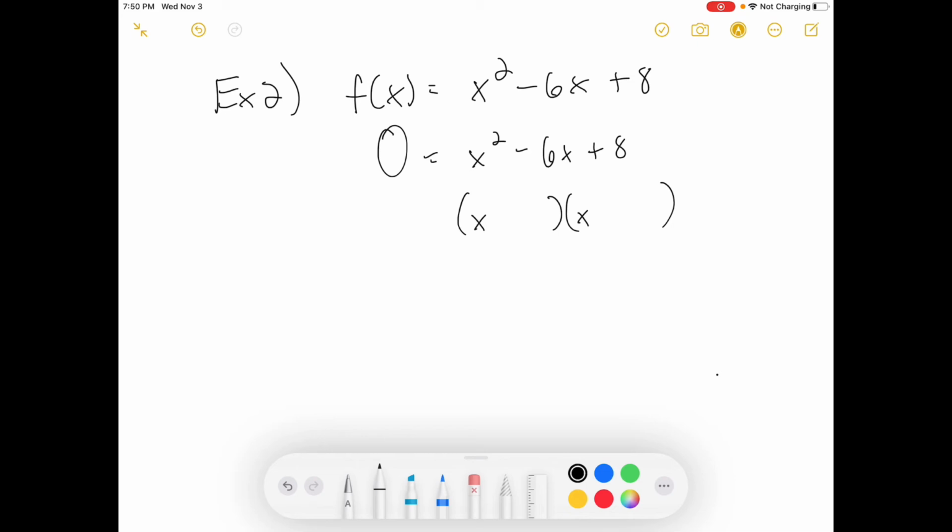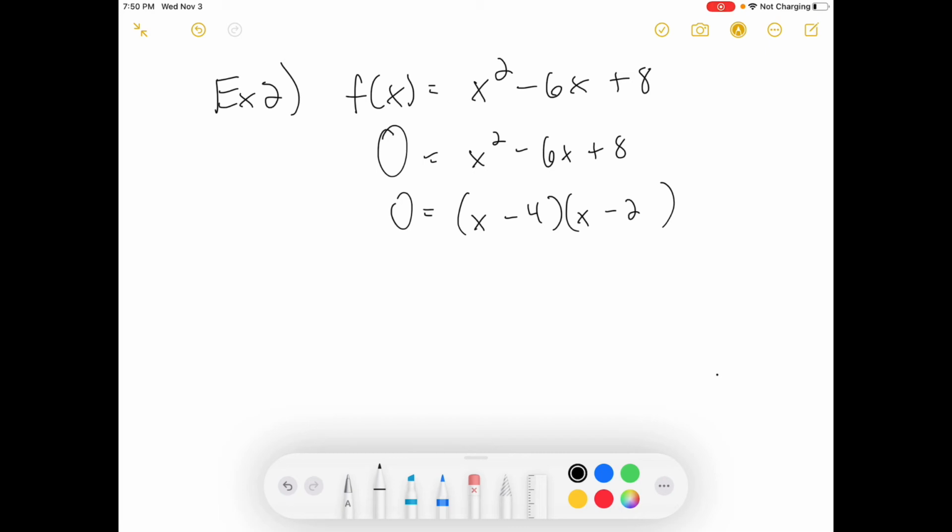I need to find factors of a positive 8 that give me a -6. So if c is positive, it's either going to be plus plus or minus minus. In this case, it's going to be minus minus because b is negative. And so my factors are -4 and -2.